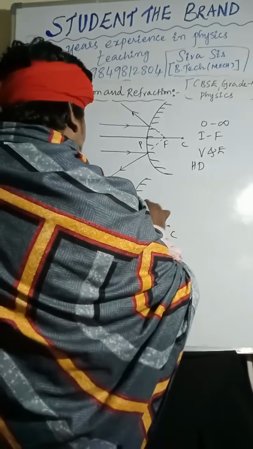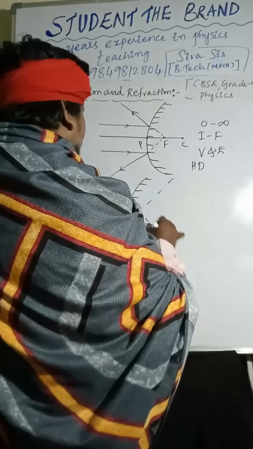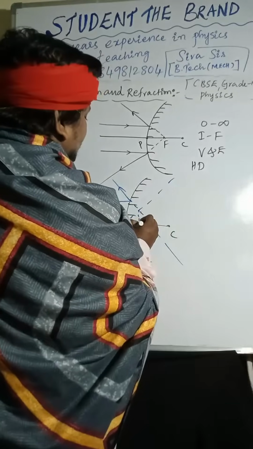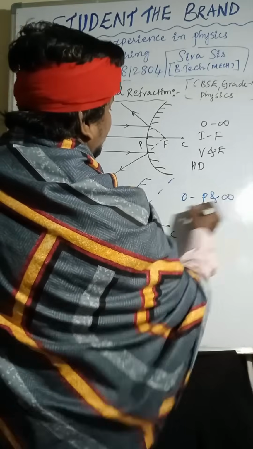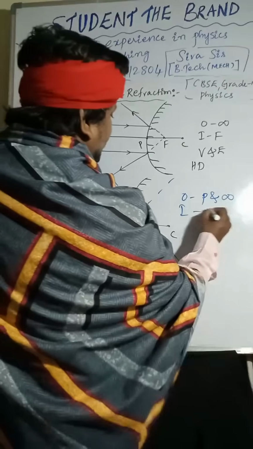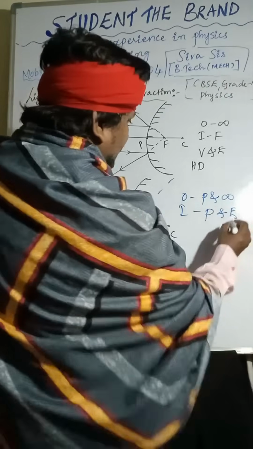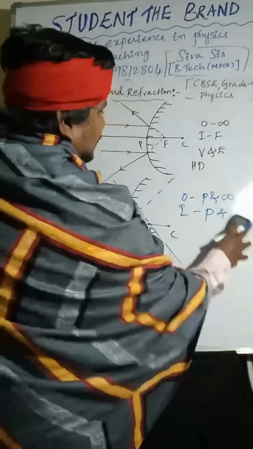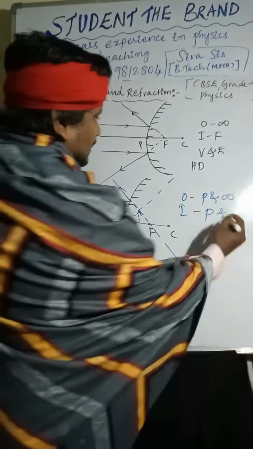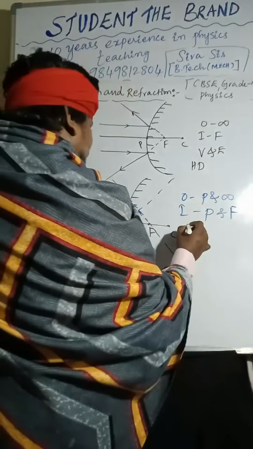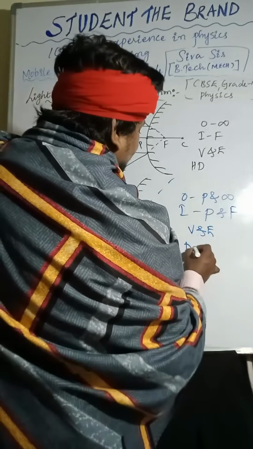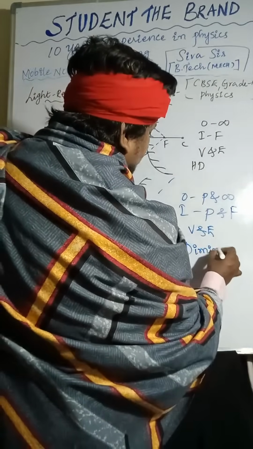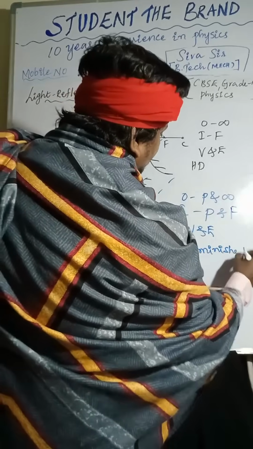If you extend this one, it passes through the focus. The image will form. Object is placed between P and infinity, image will form between P and F. Nature of the image is virtual, erect and diminished.